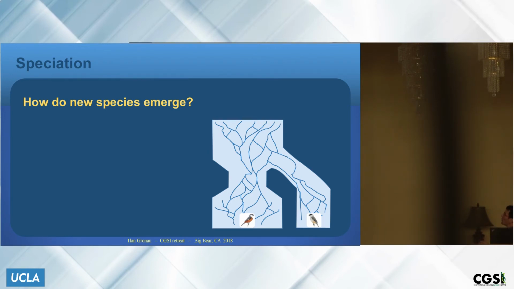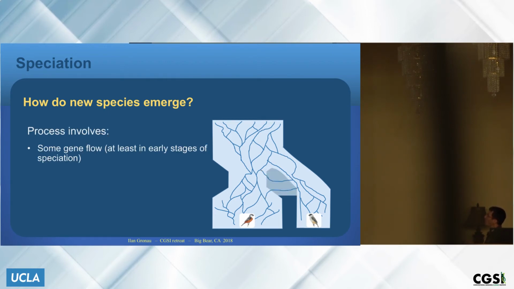So if you think of two separate populations and how they become different species, then this divergent process is pretty complex. First of all, there is probably a time where they're not completely diverged and there is some gene flow.